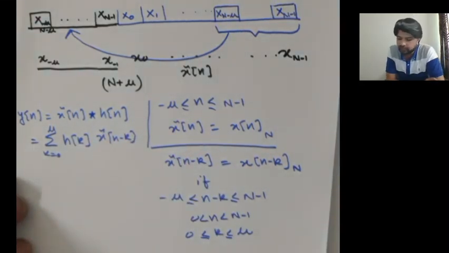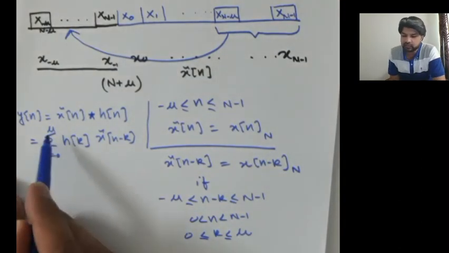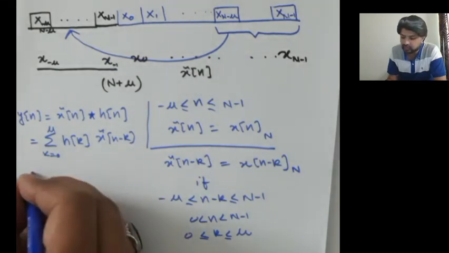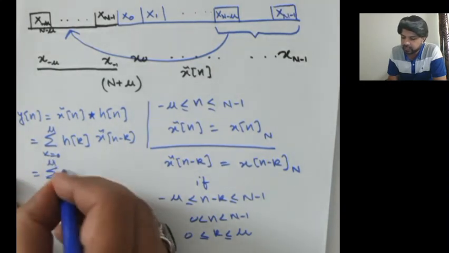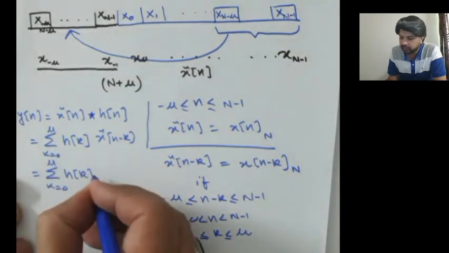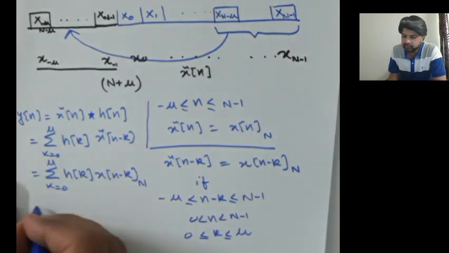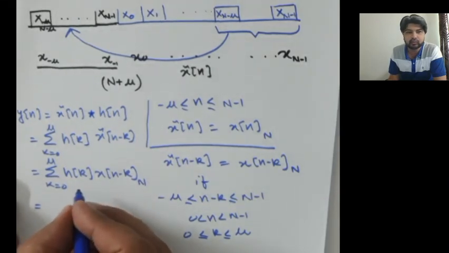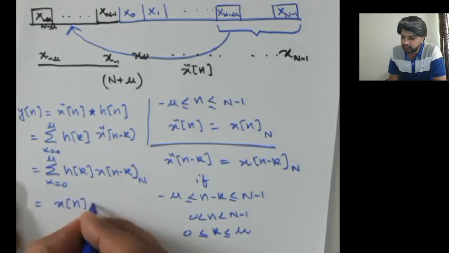But as we have said, n would take values from 0 to N minus 1, and k is taking values from 0 to mu. In that range, x tilde of n minus k is a modulo N version of x of n minus k. So you can write this as summation k equals 0 to mu of h of k x of n minus k modulo N, and this is nothing but the cyclic or the circular convolution between x of n and h of n.